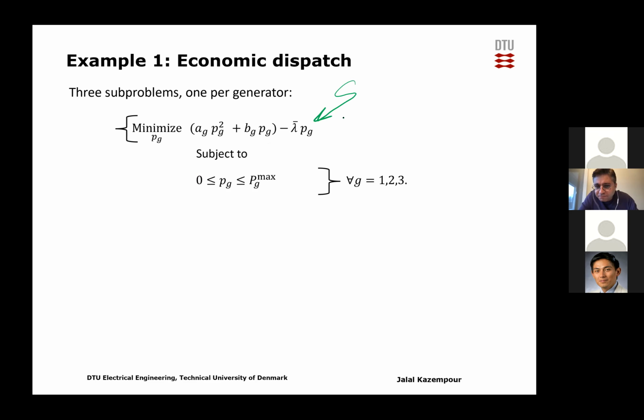We are maximizing profit, right? This is the production cost of the generator. This is the revenue. So we are minimizing cost minus revenue, so we are minimizing minus profit, or we are maximizing profit. Is it clear so far?